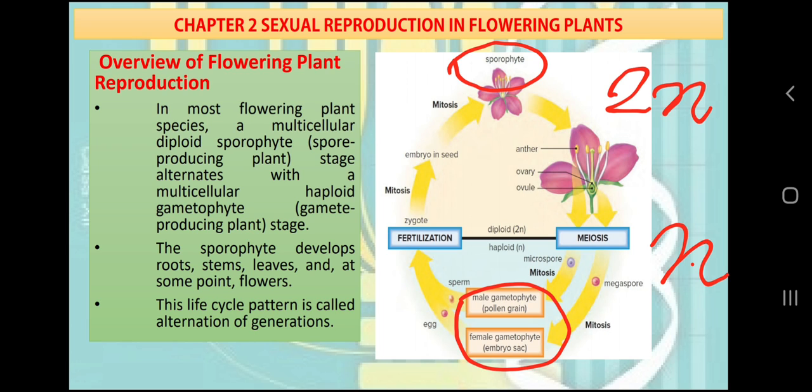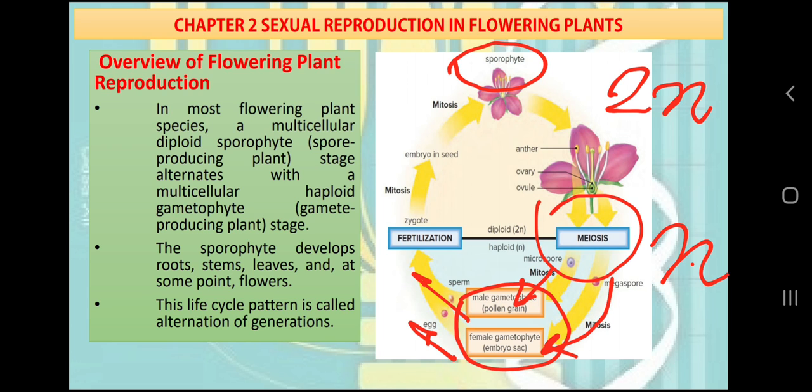And this also makes sense because when a plant is diploid and there is meiosis, there will be haploid cells which are called spores, megaspores or microspores. Microspores will give rise to the male gametophyte and megaspores will give rise to the female gametophyte. And then finally they will produce sperms and eggs, meaning gametes, by the process of mitosis, not by meiosis.